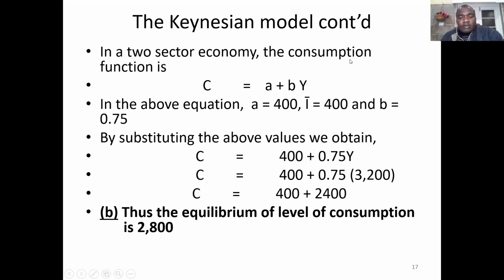In the two-sector economy, the consumption function is simply C is equal to 400 plus 3/4 of Y. Since our Y is 3,200, we simply substitute 3,200 into the consumption function to get 2,800.